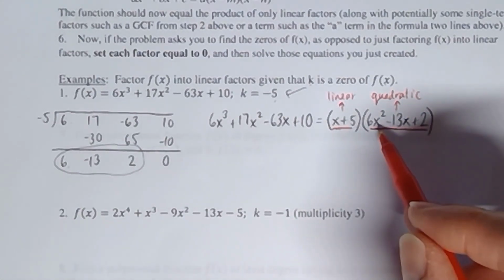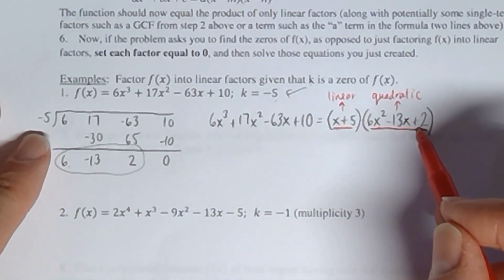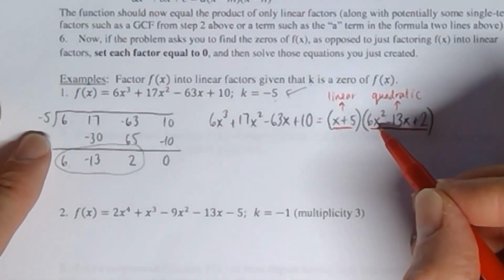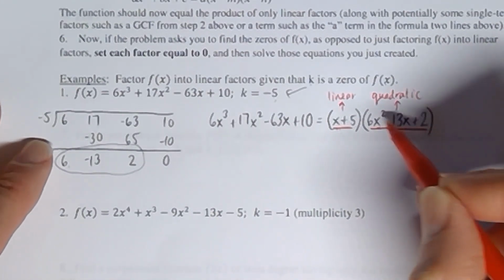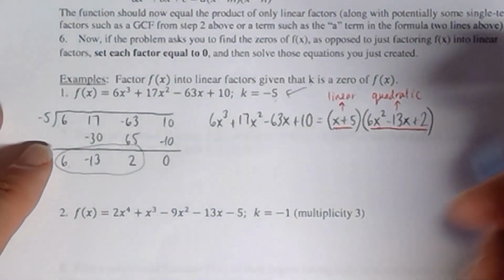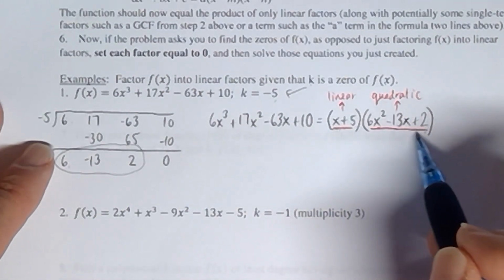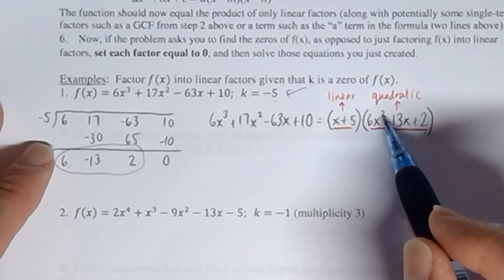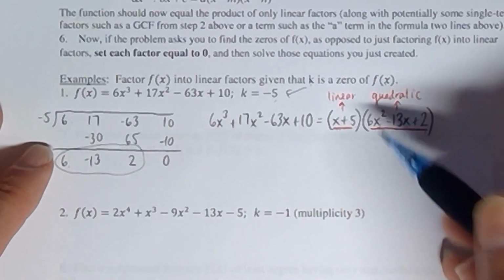Well, this one has x squared in it, and so that is called a quadratic factor when the highest exponent of any of the variables in that factor is equal to 2. So again, linear factor if it's a degree 1 polynomial, and a quadratic factor is what it's called if this is a degree 2 polynomial. In other words, the highest degree term is 2 because it's x to the second.